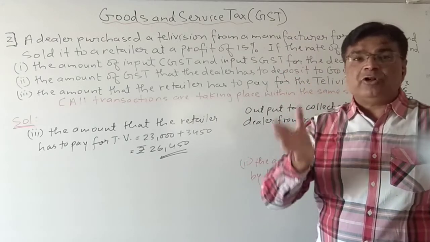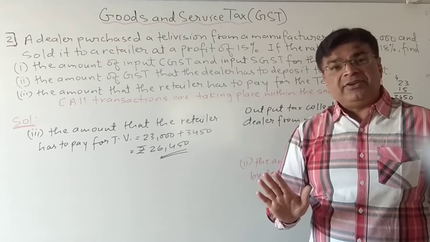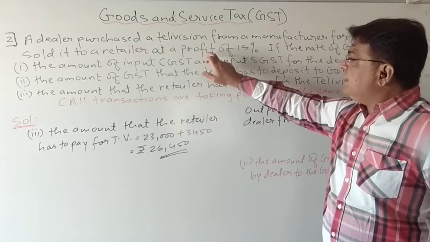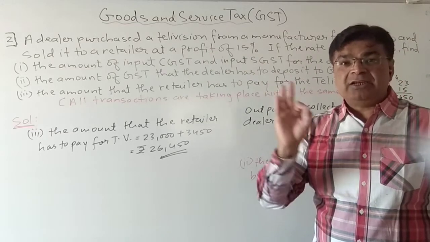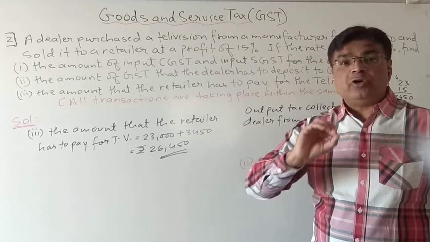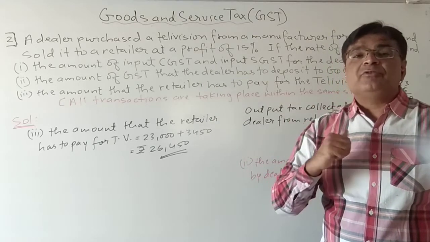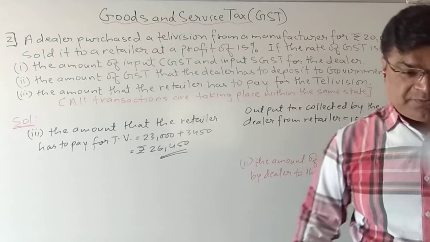If you are clear with all those concepts, solving sums will not be at all difficult. But yes, understanding of the word problem is very important. Who is selling to whom, what will be input tax, what will be output tax, all those things you have to understand from the word problem. Okay students, please go through it.